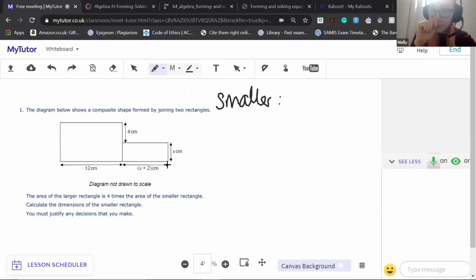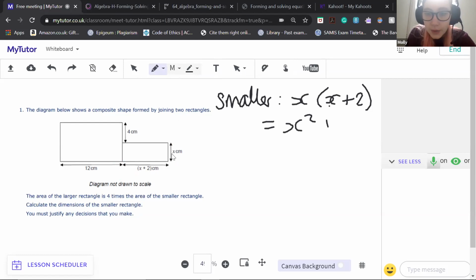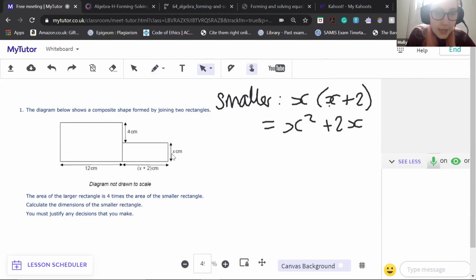Remember, to find the area of a rectangle, you do length times width. So here we can see that it's x plus 2 times x. Nice and simple there. We can rewrite this if we want, expand it out, x squared plus 2x. All I've done there is multiply the x by the things in the brackets.